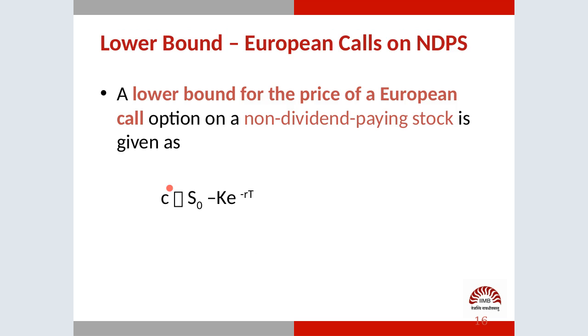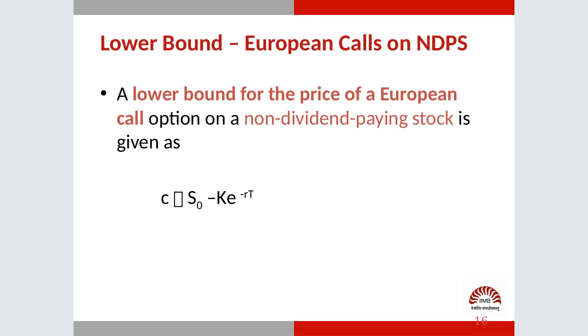This is the lower bound, so the call is greater than or equal to this number. So for the European call, the minimum value of the option price should be S0 minus K e to the power of minus RT. The maximum value could be S0. So the option premium has to vary between S0 minus K e to the power of minus RT and S0 itself.